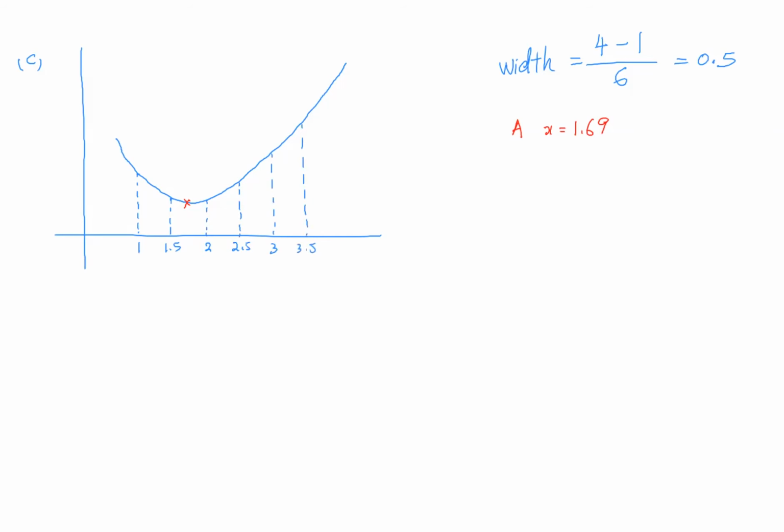And 4 is here. Correct? So now I want to ask you the question. Between 1.5 and 2, the lowest point is, because we want to talk about underestimate, correct?